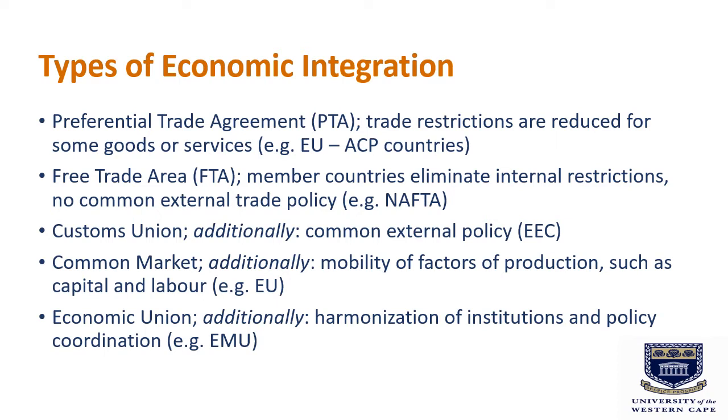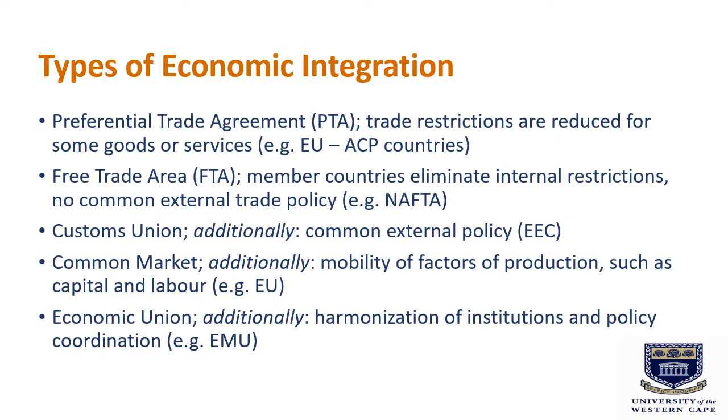And then these countries also deal with non-members, people that don't belong to the free trade area, and that's your common external trade policy. Now, each member of the free trade area can decide that we will have a different policy from the other members when dealing with other countries that are non-members. That's usually the case with the free trade area.